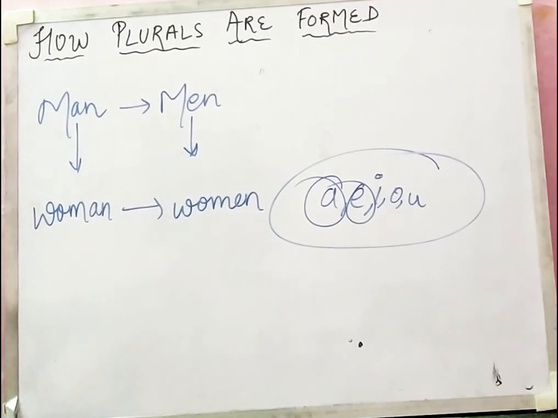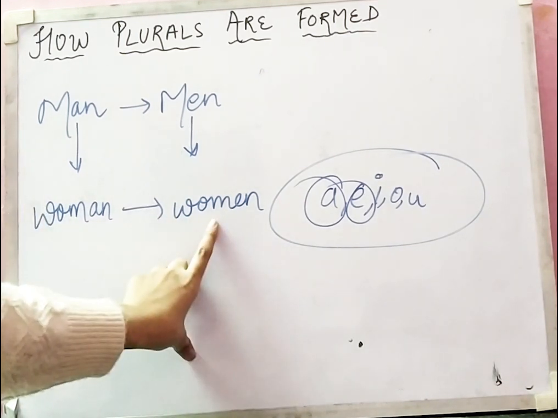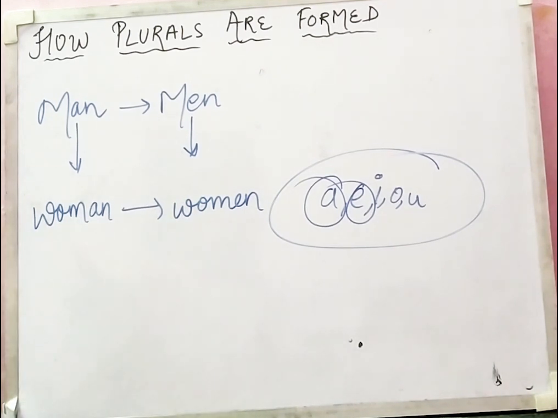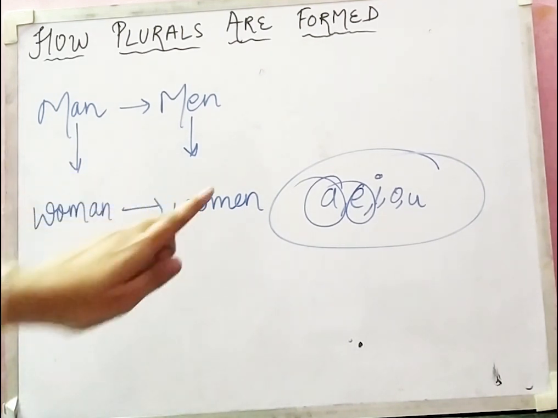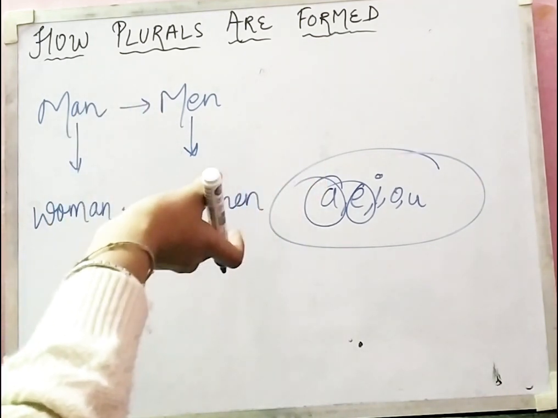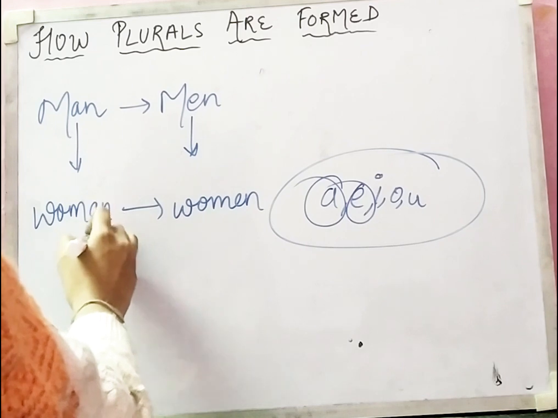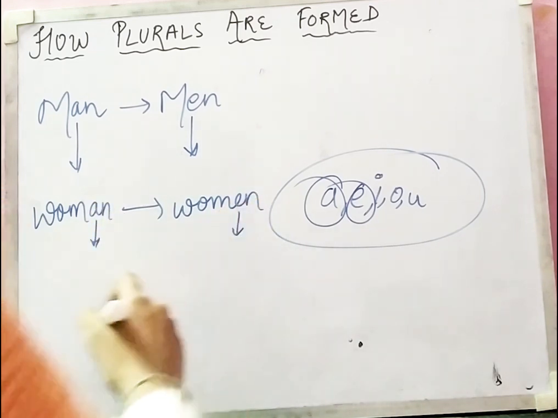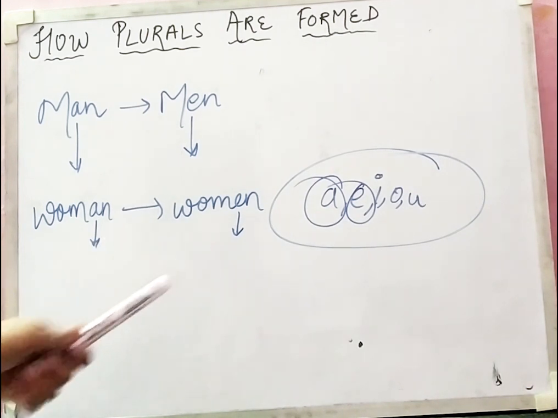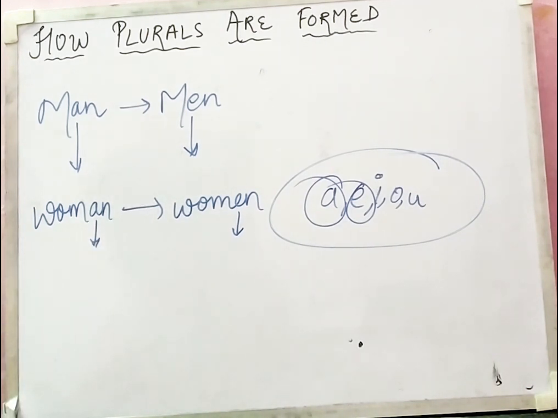The correct pronunciation of woman is woman and women. So here also, A is replaced, here E is added to make it a plural. Means just a thing of noun is here.